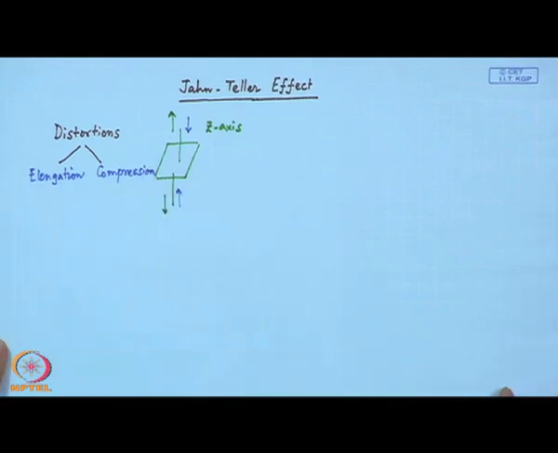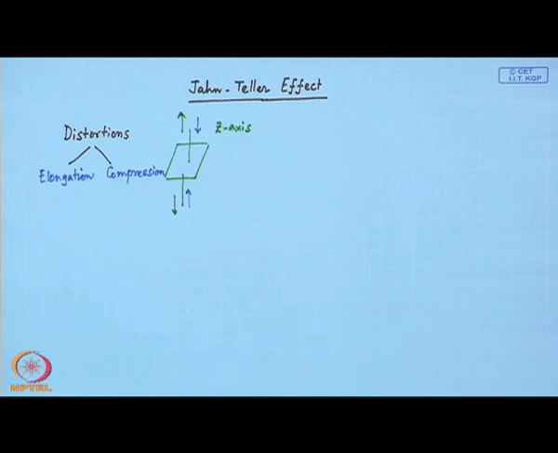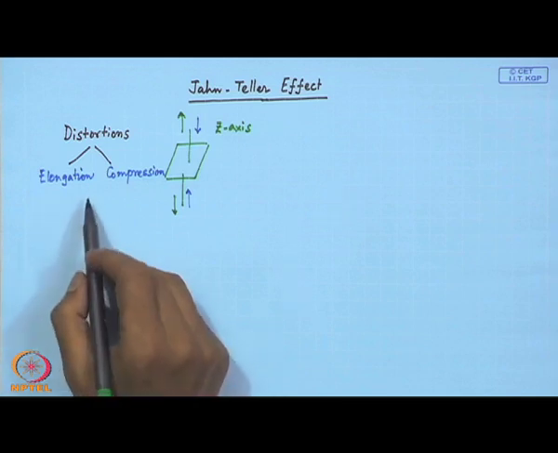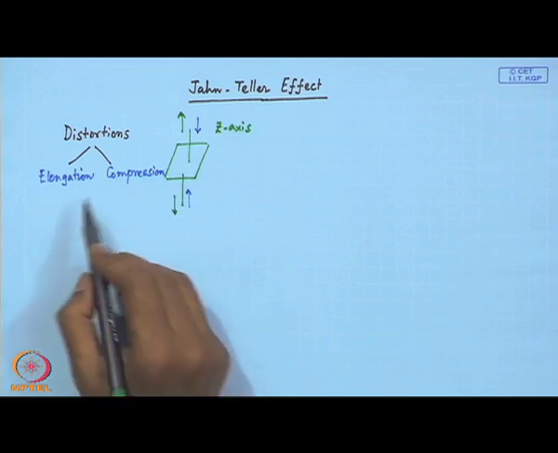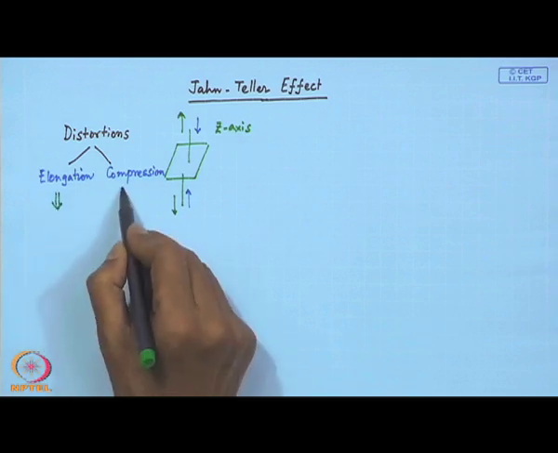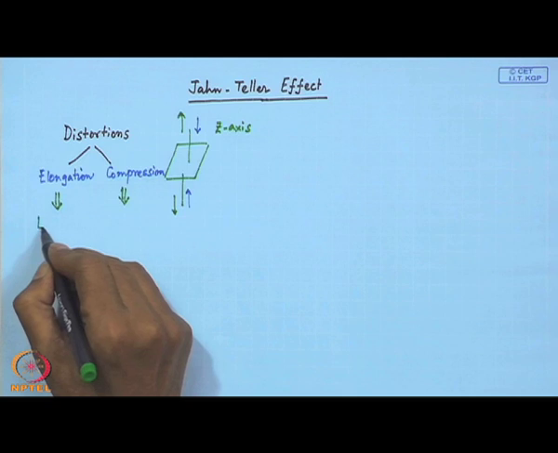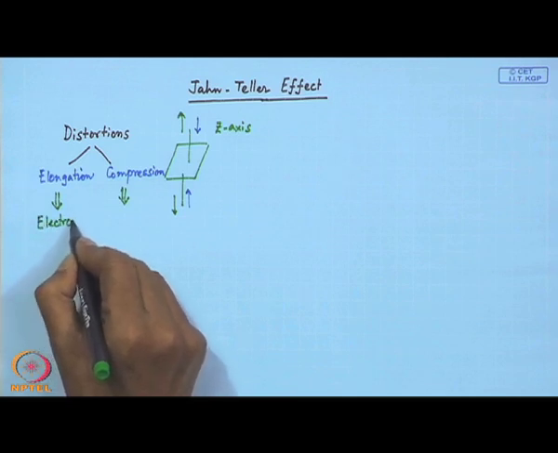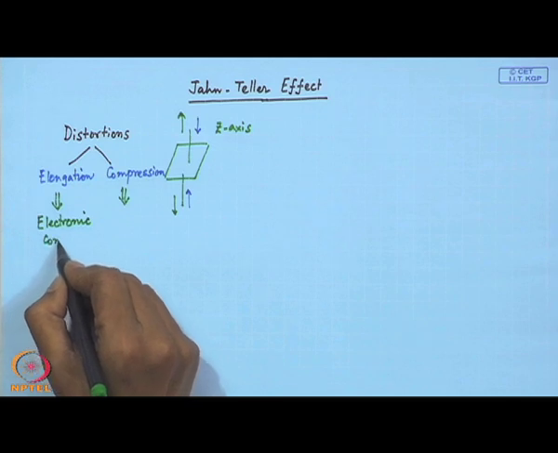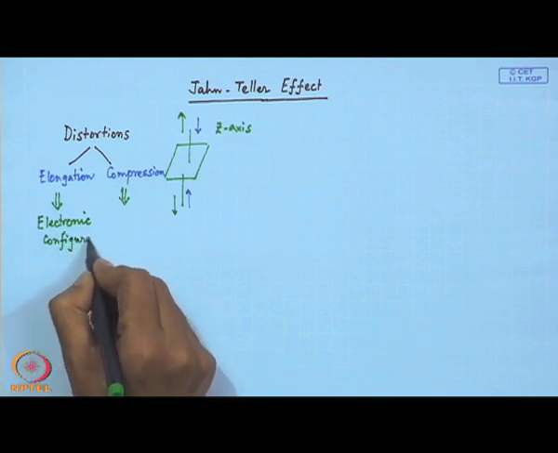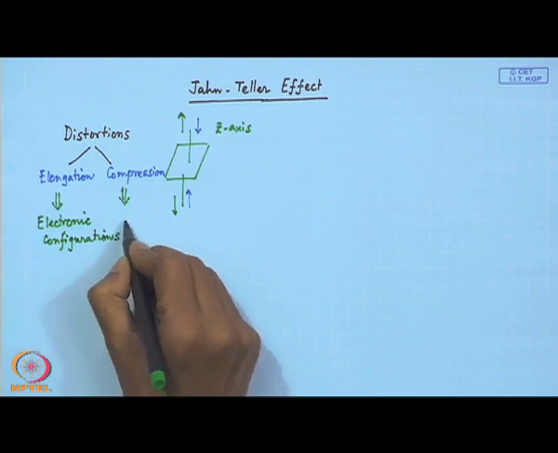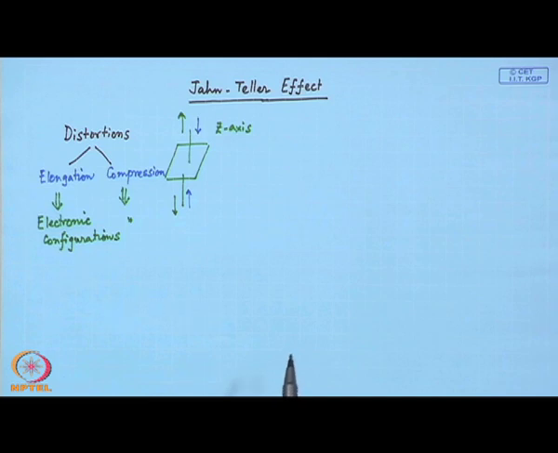In these two cases, depending upon the amount of distortion in a particular direction, that means the z axis, if we have the elongation in one case and the compression in another, we will definitely get different electronic configurations, and this results from the corresponding distortion.